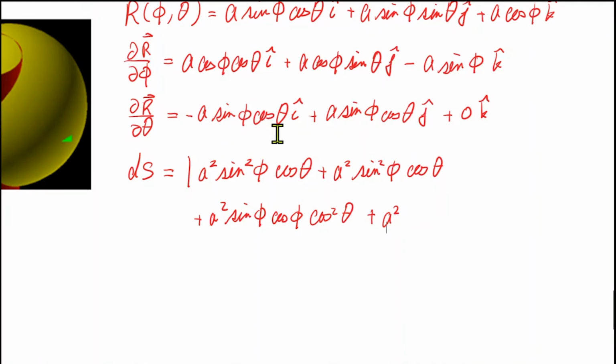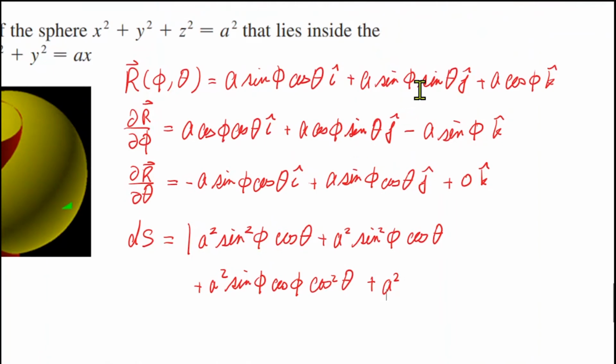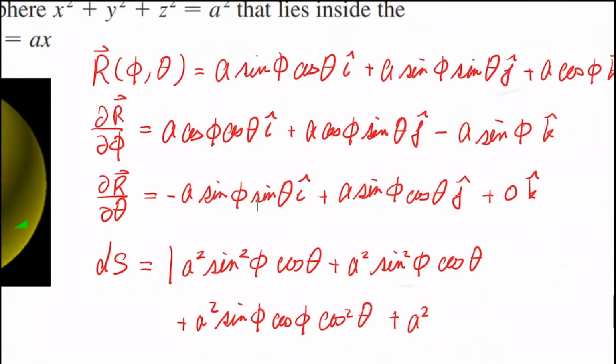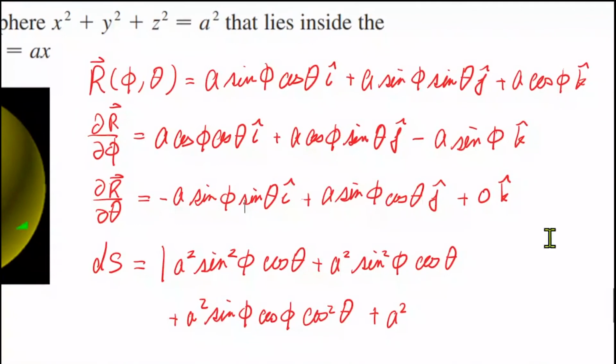Did I screw up one of the derivatives? This is cosine, sine, and this is sine. Yeah, I screwed this up. See, I'm taking a derivative with respect to theta, so this should have been sine, right? I knew it, because that looks a little weird. This should be sine, and the other one, yeah, I did the other one correctly.